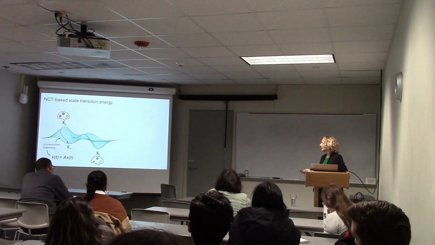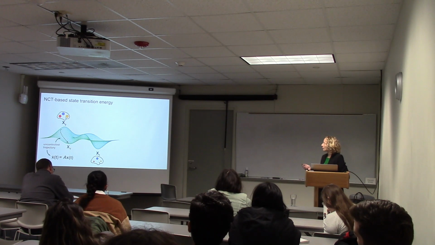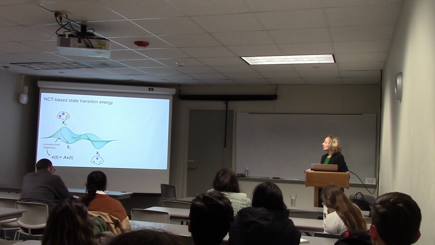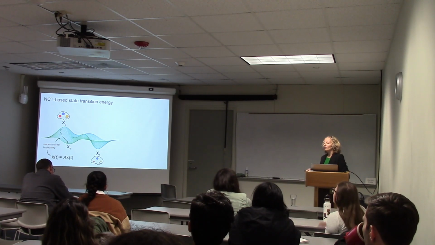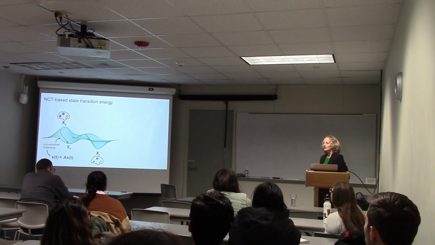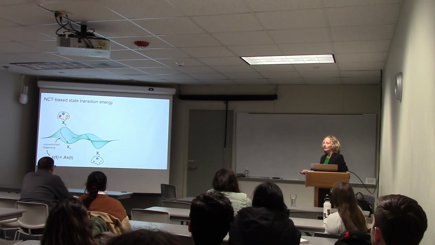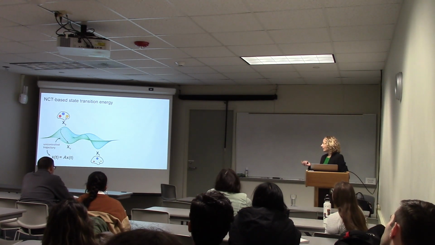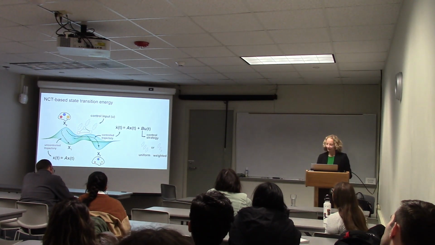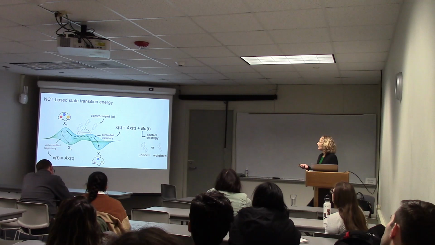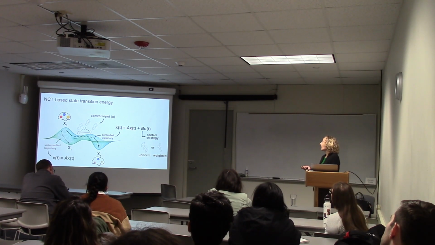And this is a schematic of our idea about transition energy. The idea behind transition energy is we want to calculate the amount of energy that's needed to inject into the system to complete a state transition. If you look back at that time invariant system, you can see that dx/dt equals A x(t) is just network diffusion, and so that's uncontrolled diffusion.